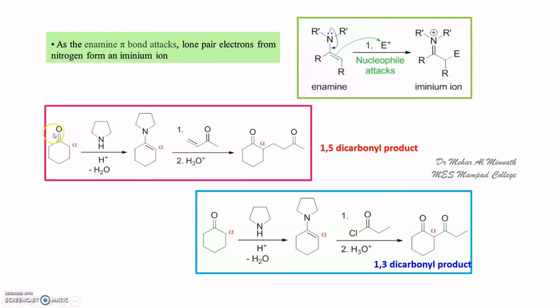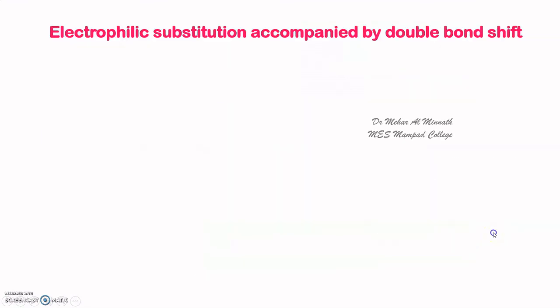So to get 1,5 and 1,3-dicarbonyl product, you use different reagents or different attacking moieties, and accordingly you get different products. So this is for the enamine reaction, the Stork enamine reaction.